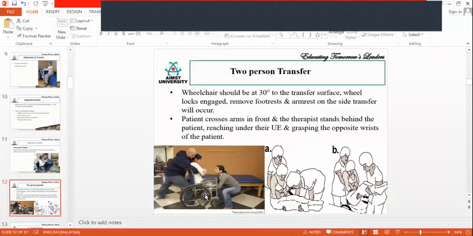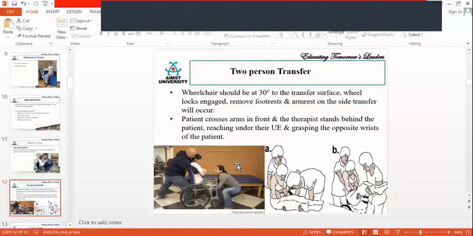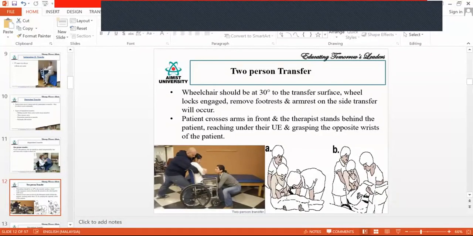At that angle, you lock the wheelchair or chair, then you can shift the person. So first, you position the wheelchair at 30 degrees to the surface where you are going to shift. Then you lock the wheelchair.